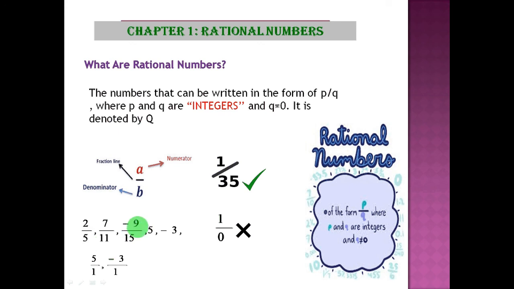So when we are talking about a fraction, it should have whole numbers in the numerator and denominator. But a rational number can have whole numbers and can have integers. I hope you understand why we are calling this one a fraction as well as a rational number.